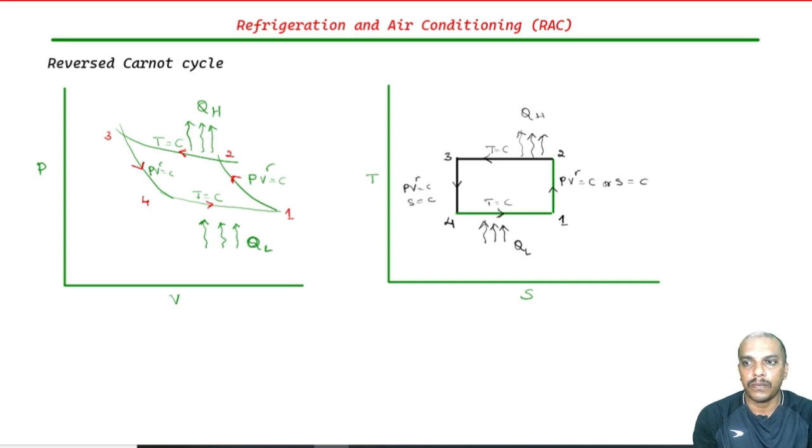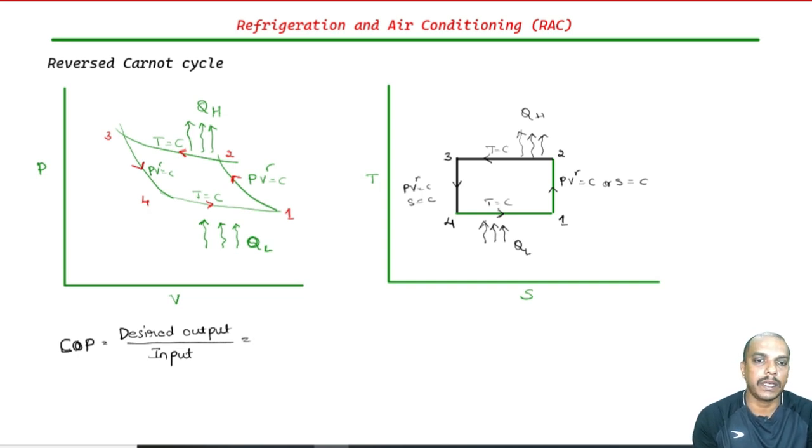Now, we talk about the coefficient of performance in a refrigerator. How do you define coefficient of performance? It is desired output by input. Now, very important, we are not just saying output, we are saying desired output. What is desired in a refrigerator?